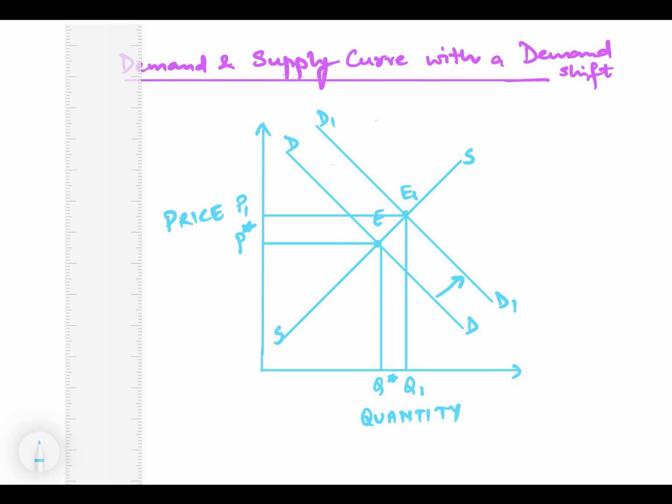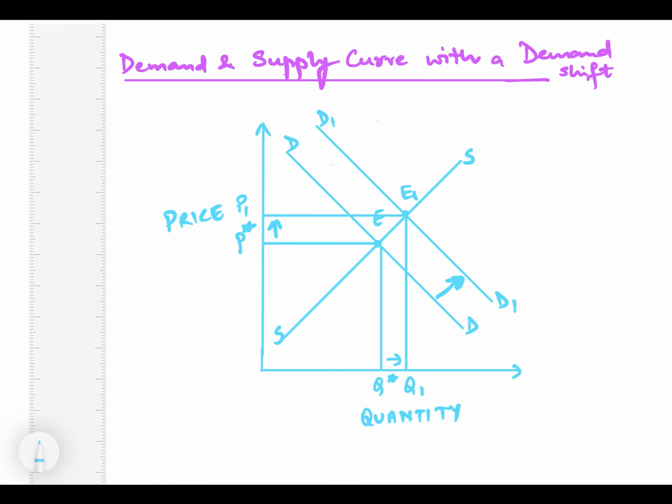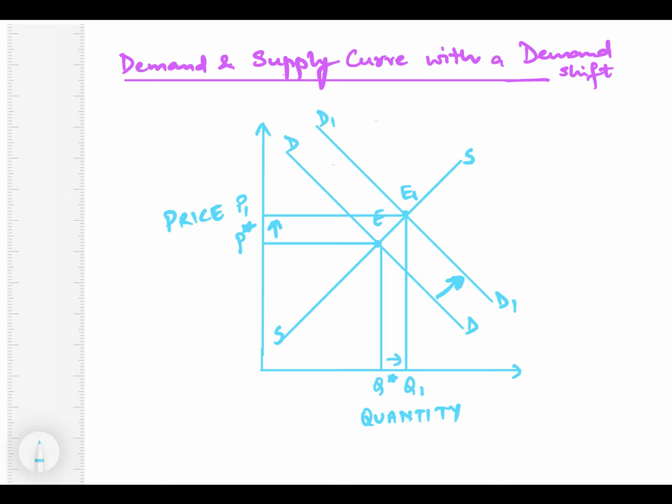This increase in demand is leading to both a price rise and more output in the market. I hope this is clear. So always remember that we have to label axes, we have to label all the curves, we have to show with the arrows what we mean to say. So your diagrams should be self-explanatory.